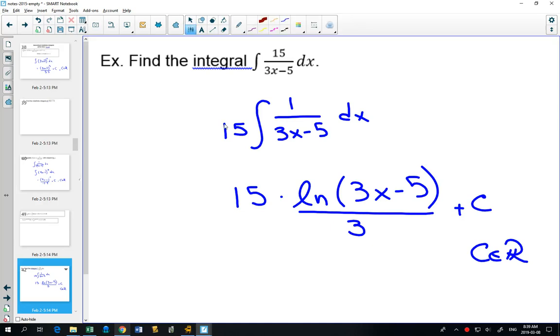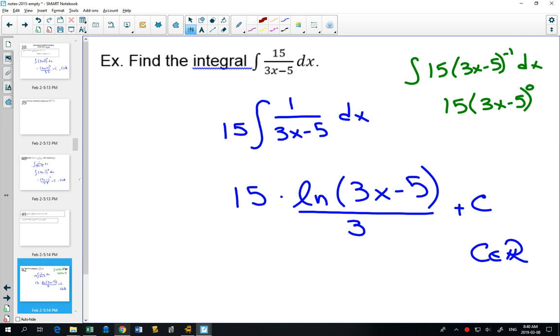All right. So the question was, what happens if we bring the 3x minus 5 minus 1 up front and try to do this as a power rule? Okay? First thing that happened there is you went in the wrong direction. You thought derivative when you were doing integral. So with an integral, what do we do to the exponent? We add 1. Right? And you said you subtracted 1.